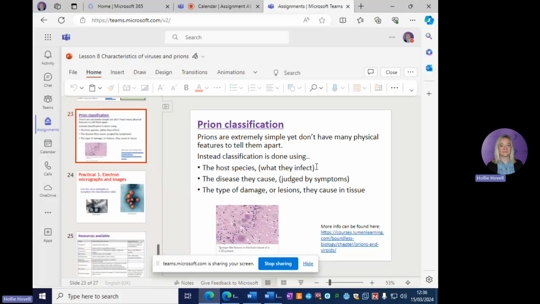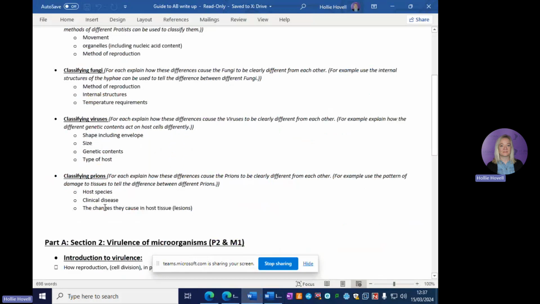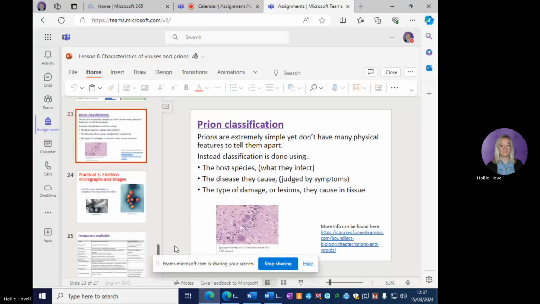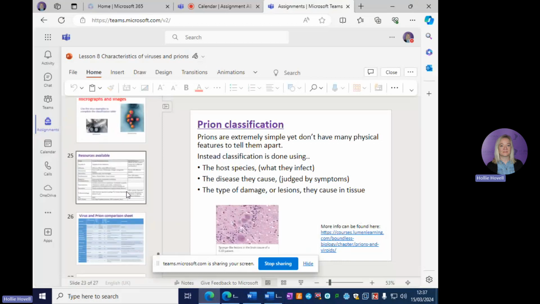So classification can be done based on the host, what they infect, people, cows, etc. They can be classified by the disease they cause or by the type of damage or lesions they cause. So there you're basically lining up with those headings just there. Really usefully, there is an internet link here to a good website that you can use to help you on that.